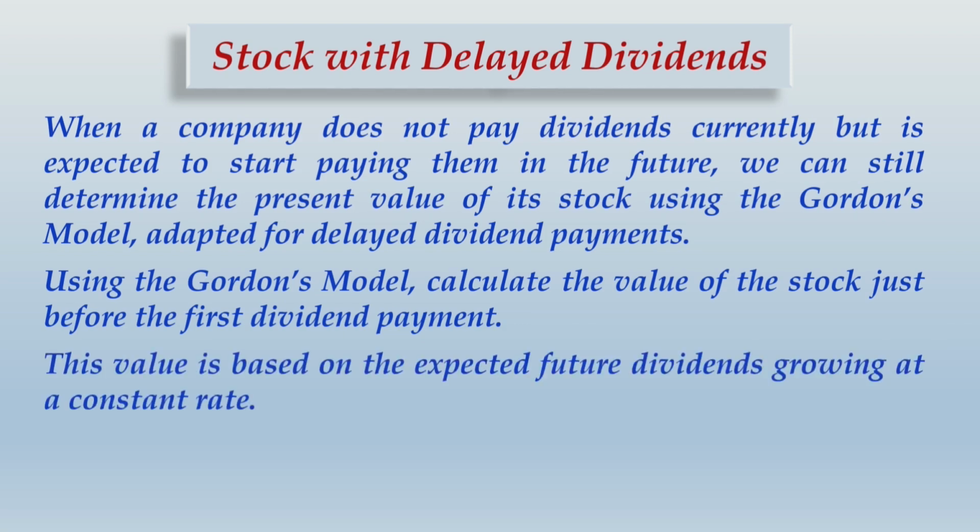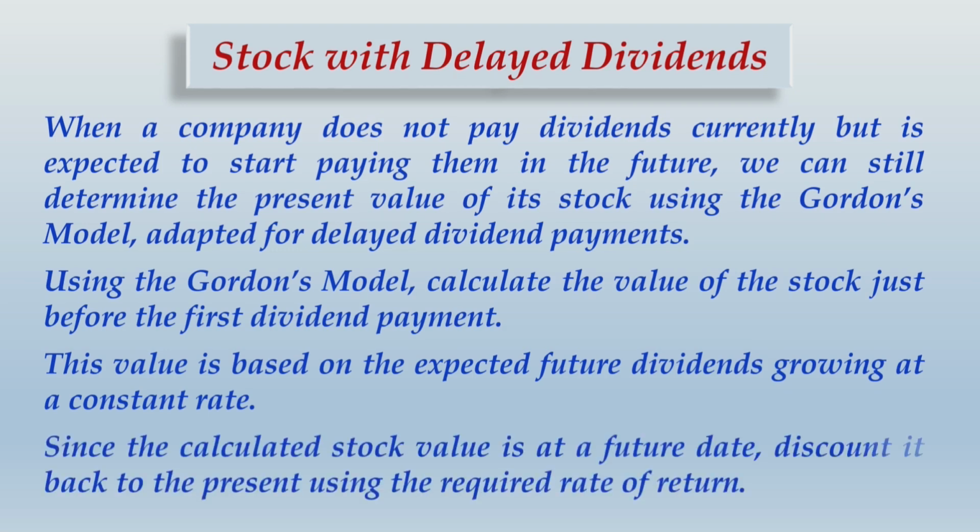This value is based on the expected future dividends growing at a constant rate. Since the calculated stock value is at a future date, discount it back to the present using the required rate of return. So please write up this whole thing and then I take you ahead.